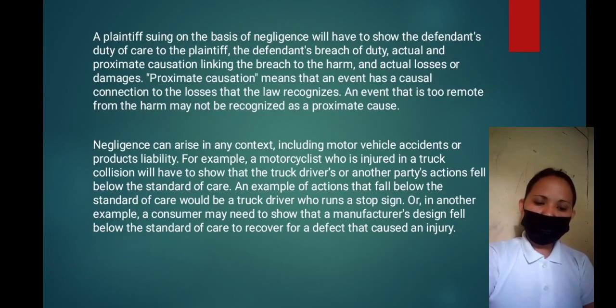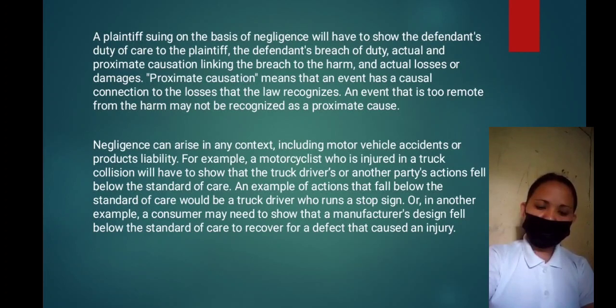An example of action that falls below the standard of care would be a truck driver who runs a stop sign. In another example, a consumer may need to show that a manufacturer's design fell below the standard of care to recover for a defect that caused an injury.